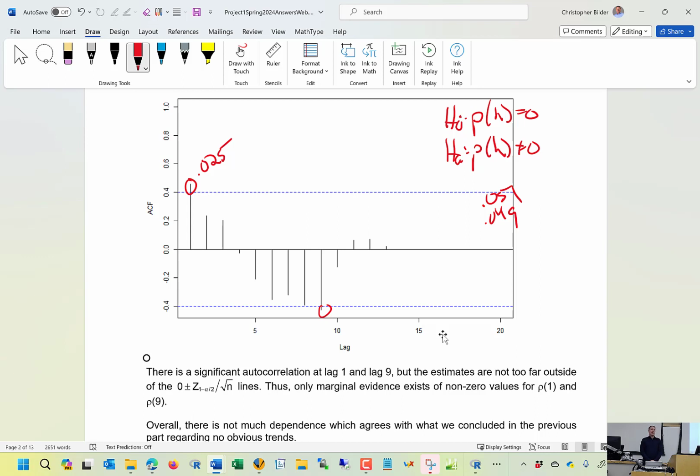You have marginal evidence. If something's going on, maybe, there's at least enough evidence here to say, hey, let's maybe go run an experiment again or go collect some more data and see if the results change. But one should not stake their life on a p-value of 0.049, or like, yeah, I have autocorrelation. No, you shouldn't. And so be very careful about how you word these kinds of conclusions.